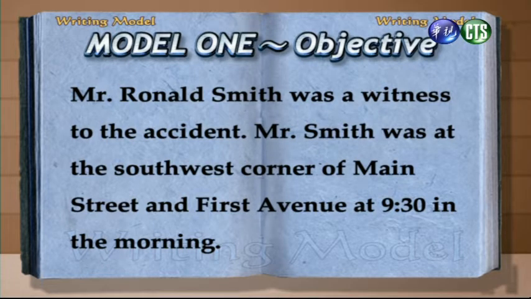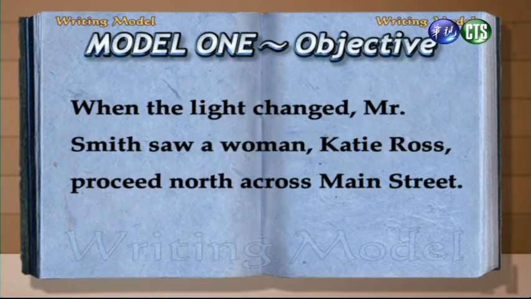Mr. Smith was at the southwest corner of Main Street and First Avenue at 9:30 in the morning. When the light changed, Mr. Smith saw a woman, Katie Ross, proceed north across Main Street.